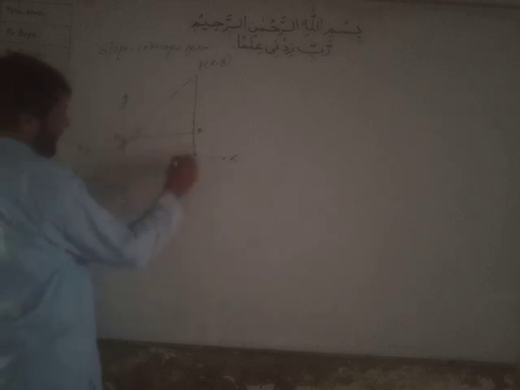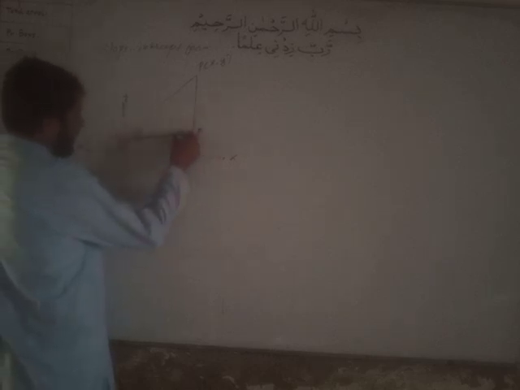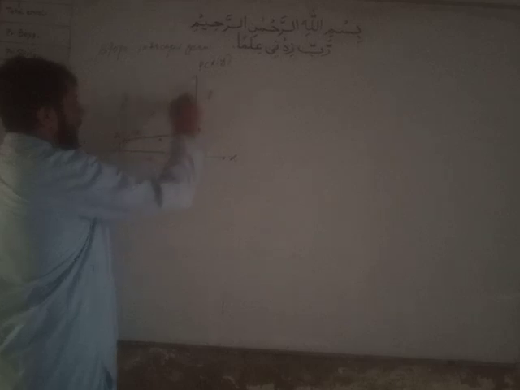This point is C, and this we can say is D. So tan theta here, this is x, so this is also x, and this line is y.